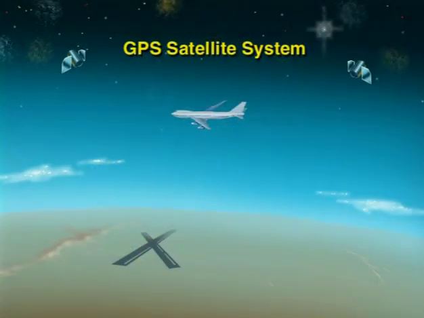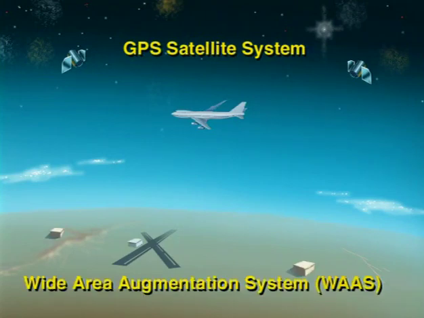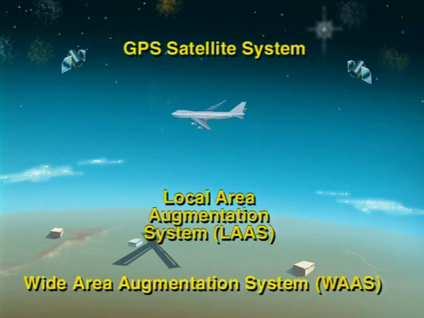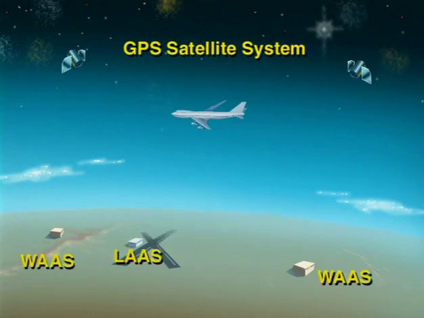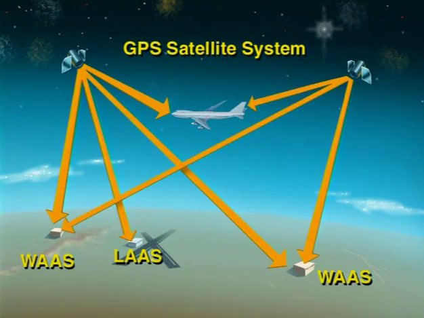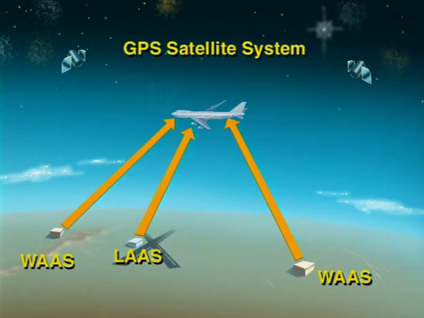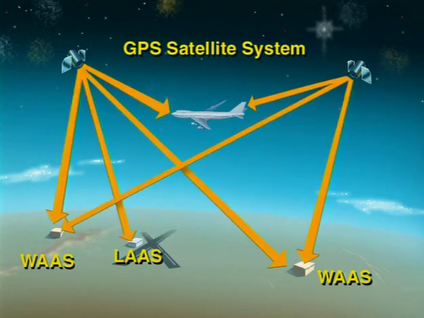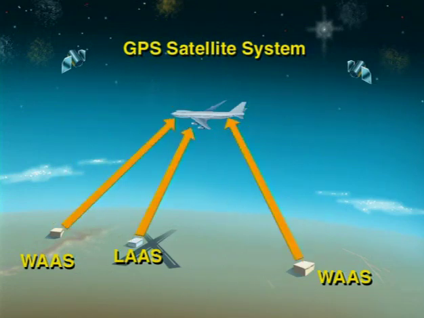The major component of this system is the GPS satellite system currently in use. GPS signals will be augmented by ground-based stations known as WAAS, or Wide Area Augmentation Systems, and LAAS, or Local Area Augmentation Systems. GLS will allow GPS to be used for non-precision approaches as well as Category 1, 2, and 3 precision approaches.